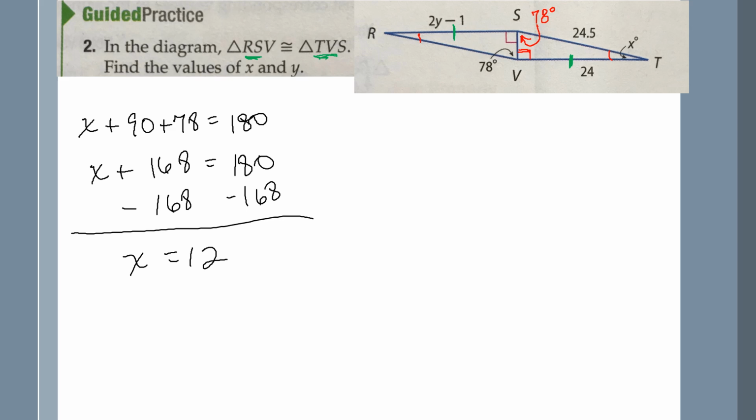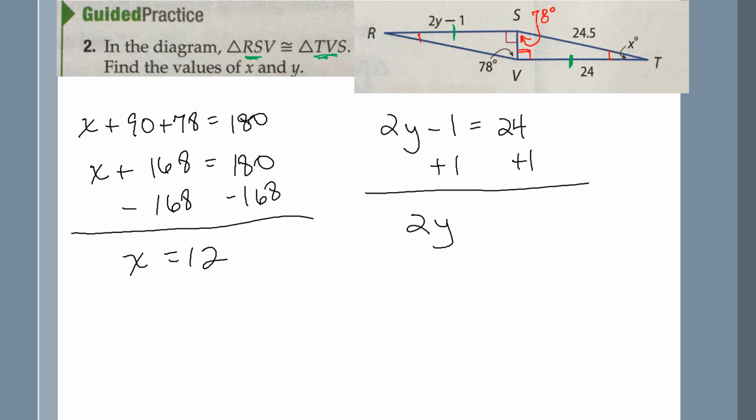So we're going to go ahead and set up our equation now. 2y minus 1 equals 24. So I'm going to add 1 to each side. I get 2y equals 25. Divide each side by 2, and I get y is equal to 12.5.